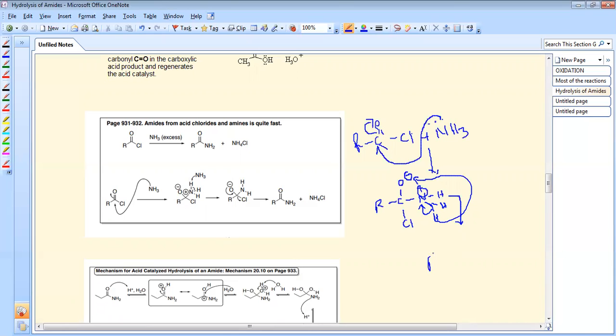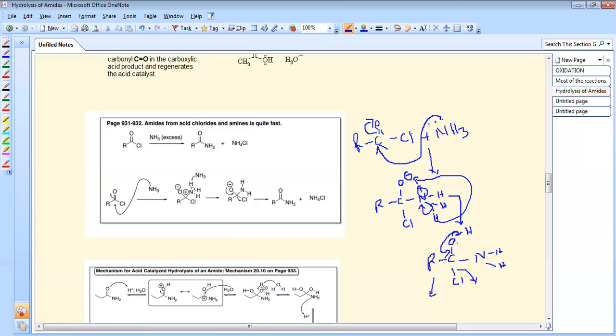Let's say I will show you how it is. It becomes R NH OH, and the NH shifts here and will be eliminated.